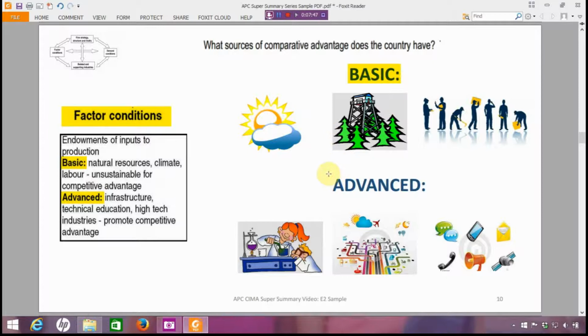Over and above that, in terms of the advanced factors, I'd ask you to note here that what we're talking about is man-made items. So in the first instance, perhaps some know-how or technical expertise. And you only have to think of World War I, the German Luftwaffe, and the similarities between a plane and a car.